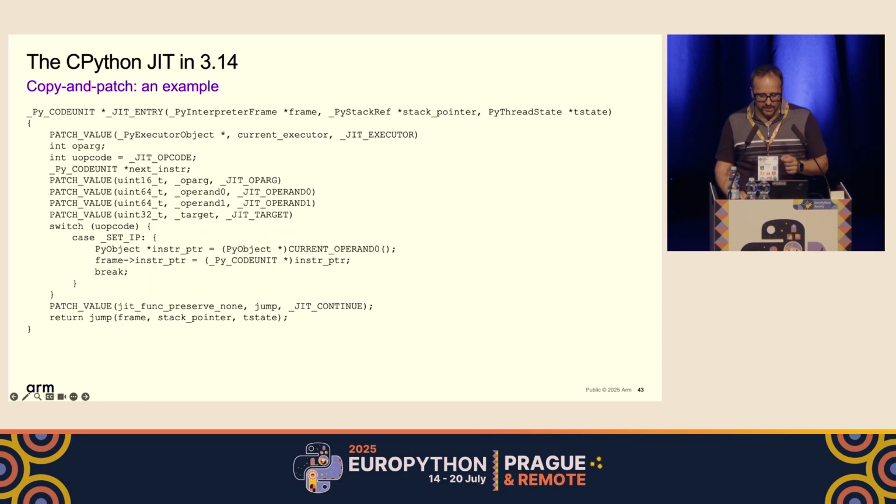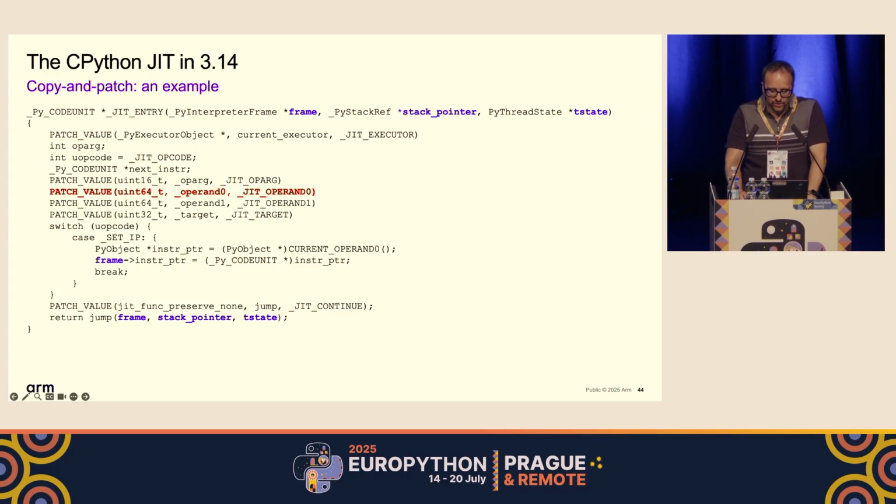It is designed to execute a single micro-op, with all the necessary runtime context. It takes 3 arguments: the current interpreter frame, the stack pointer, and the thread state. These are passed in because any micro-op might need access to them. For example, in this case, _SET_IP needs only the interpreter frame.